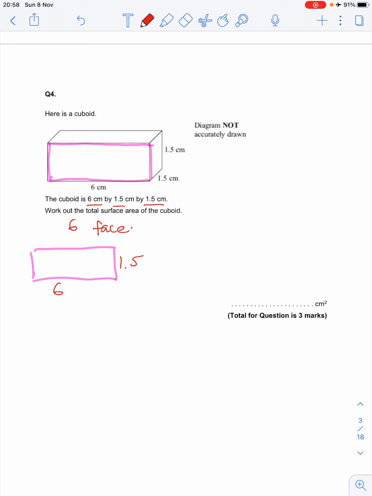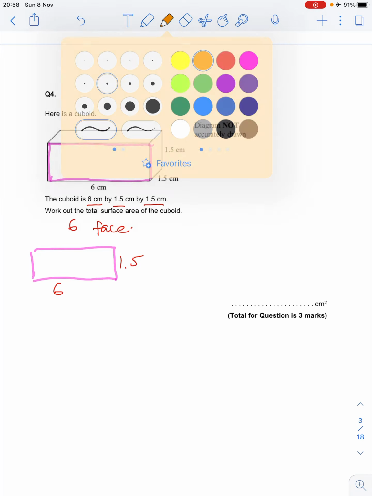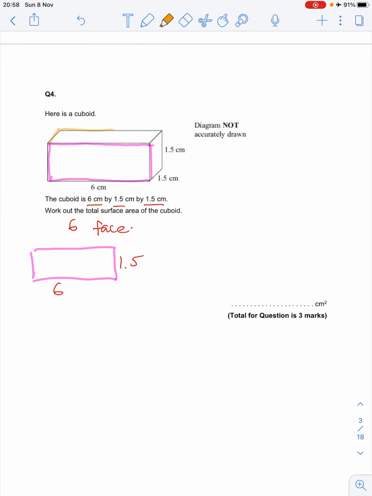Then we have this one here, then the next one, this face here is also 6 multiplied by 1.5. Remember the top and the bottom are the same, and the front and the back are the same, and they're all 6 by 1.5. So we have 4 lots of 6 by 1.5.